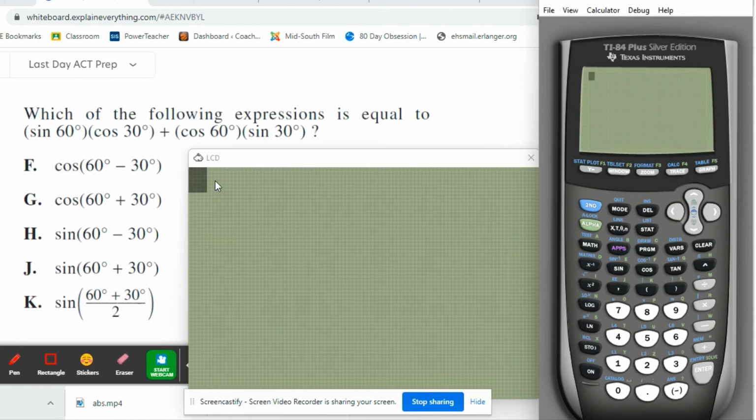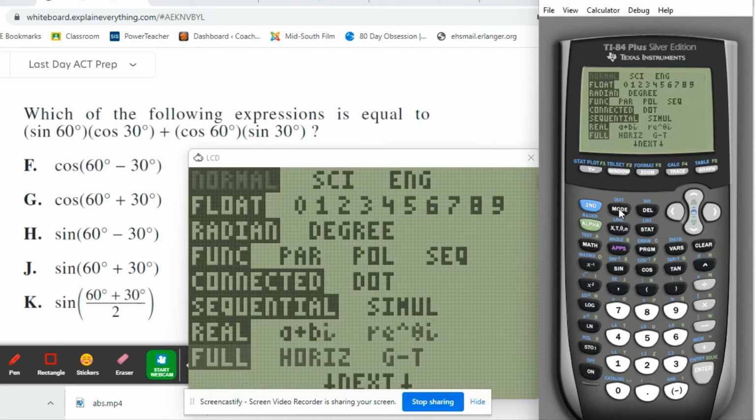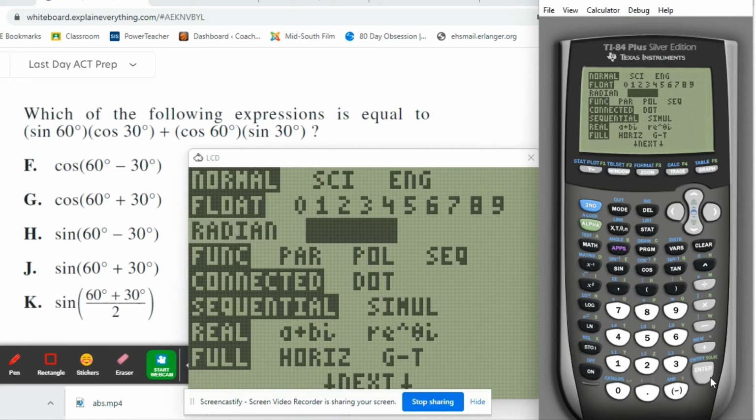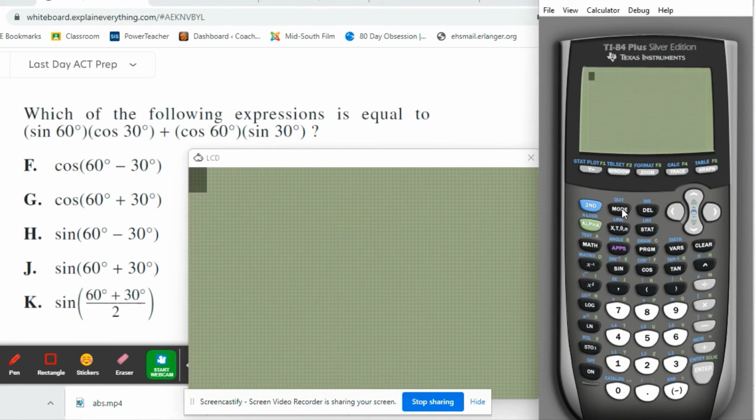Right, let's talk about this though. I wouldn't need to blind guess this one because there are no variables here. These are all numbers, so I actually can put this in my calculator. I do need to check, and I actually would have had a problem there. These are being measured in degrees, so I need to set my calculator mode to degrees, which is where we should normally start. I'm just going to type in exactly what I see in my answers.